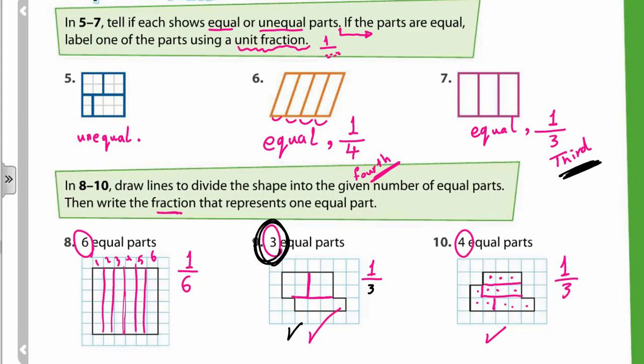We have 4 equal parts. So that's 1 over 4, not 1 over 3. 1/4, not 1/3. Okay, my heroes, any questions? Any problems? Now, my heroes, we will move to the game.